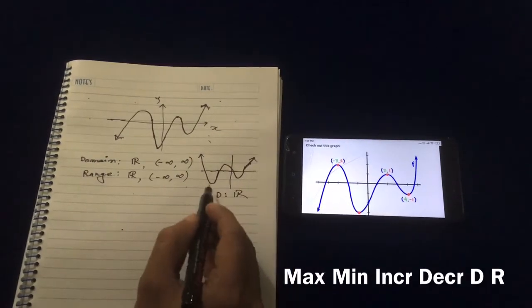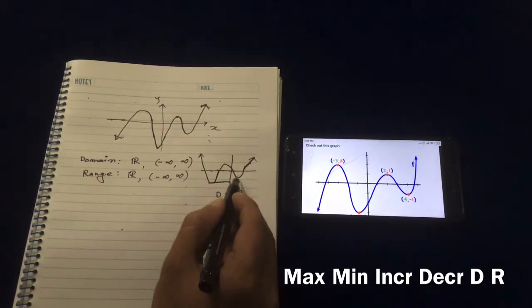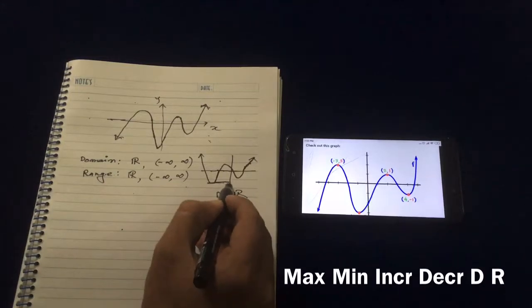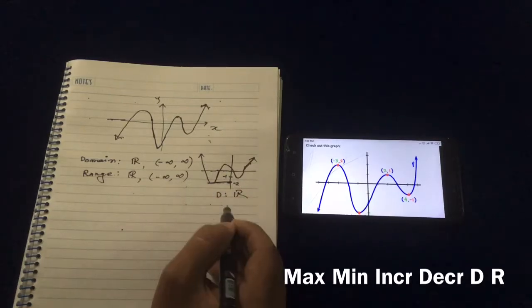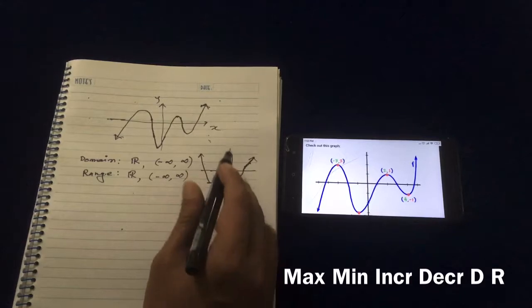But the range is now different. See, there is some lowest point here. The graph is not going down beyond this point, so we have to consider this point. Whatever this point is, suppose if this is -1, this is -2, suppose -2, then we will say range is from -2 to plus infinity.